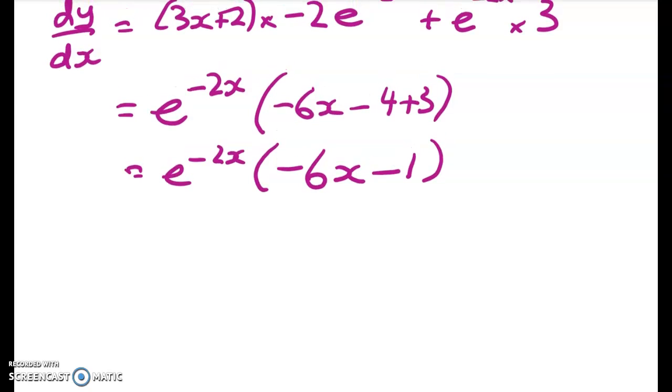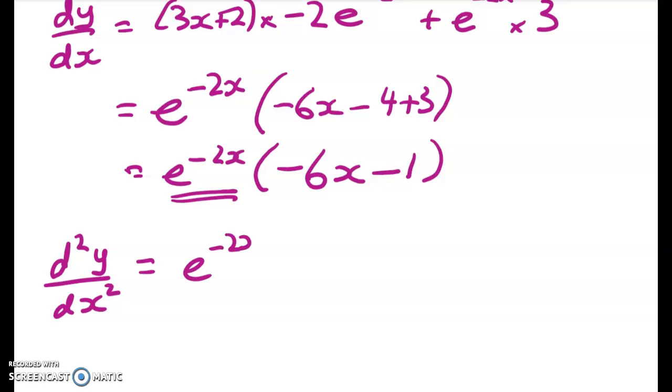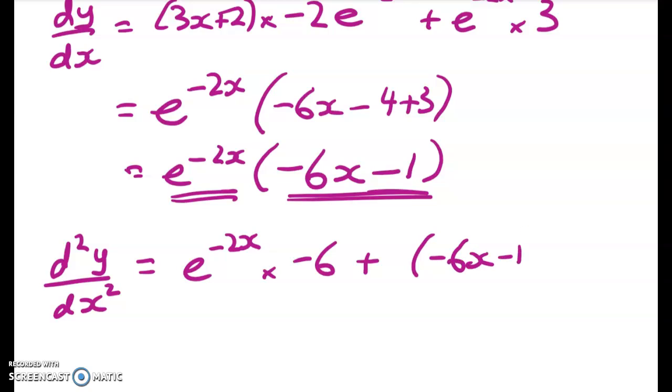Now we need to differentiate this to get the second derivative. So it's the same pattern. It's another chain rule and product rule. So the second derivative is going to be e to the negative 2x times the derivative of the second function times negative 6 plus the second function times the derivative of the first.